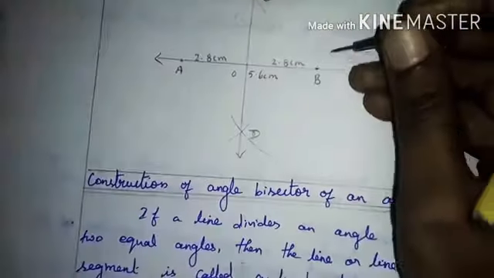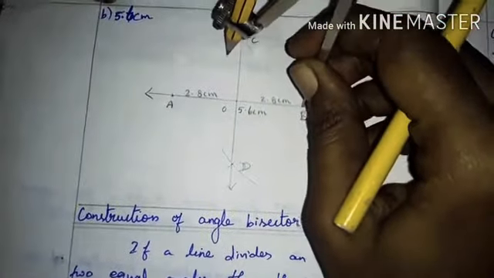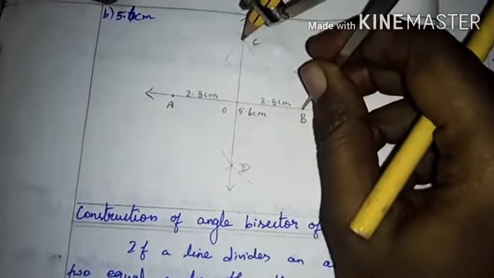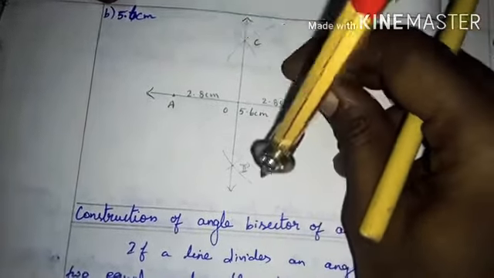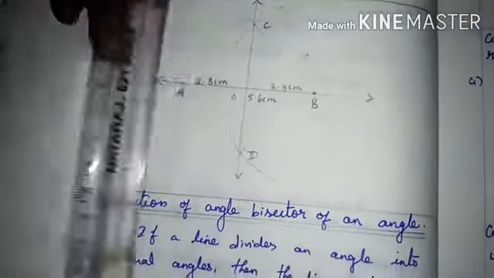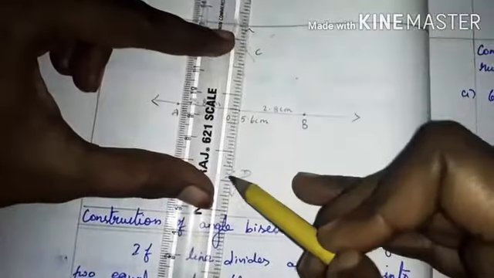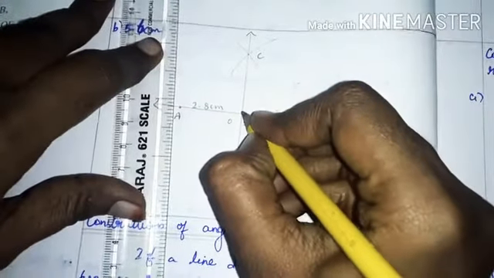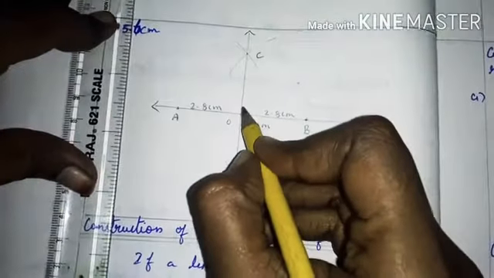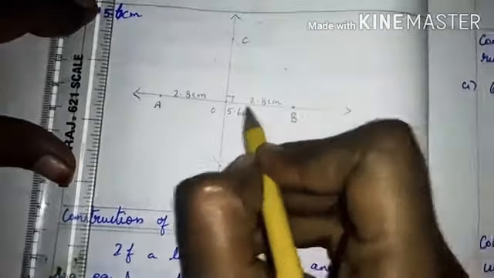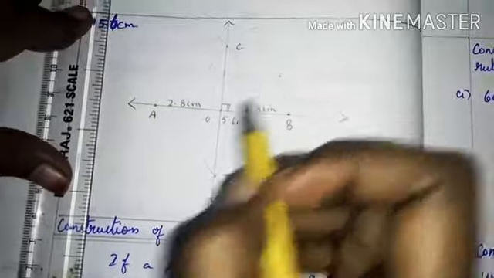In the same way, keep the compass at B and draw arcs that intersect the previous arcs at C and D. Now, using the scale, join C and D. The point of intersection of CD and AB is O and the angle BOC is 90 degrees.